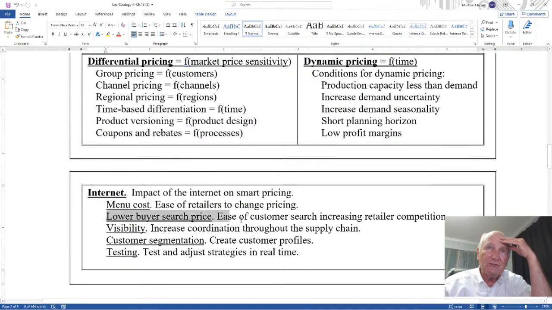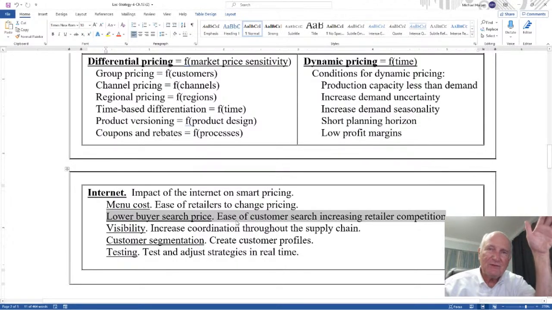Lower buyer search cost. Well, the ease that the customer has in searching can increase retailer competition. Upstream, if it's very easy to search for these items, like searching on Amazon, you have a lower buyer search cost because of the internet.